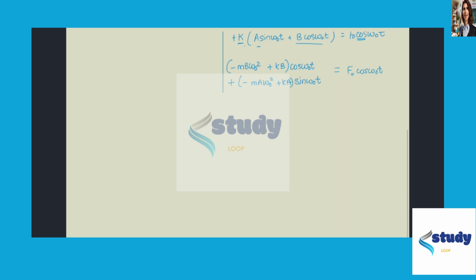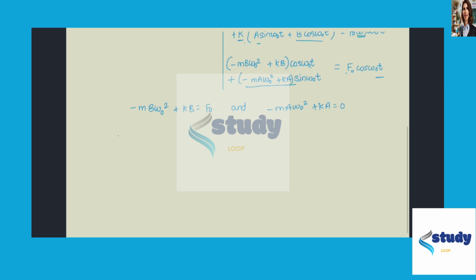Okay, so on comparing the left and right hand sides, we get minus m b omega naught square plus k b equals f naught, and since we don't have a sine term on the right, that term must be 0, so minus m a omega naught square plus k a equals 0.